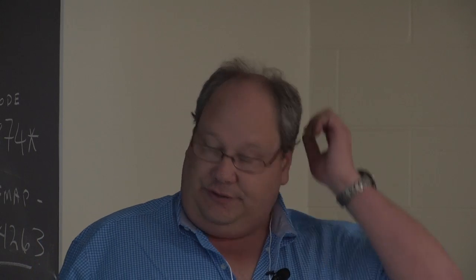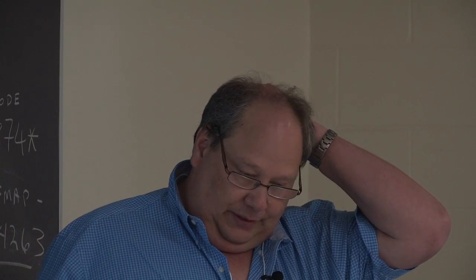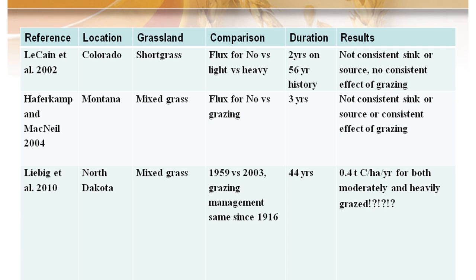And then this Liebig study, the one that suggests that grazing on some native grass can be carbon negative, is based a lot on the fact that it had some historical archive samples, on native grass under constant management since 1916. So even in '59, it was a long time after these grazing regimes had been imposed.